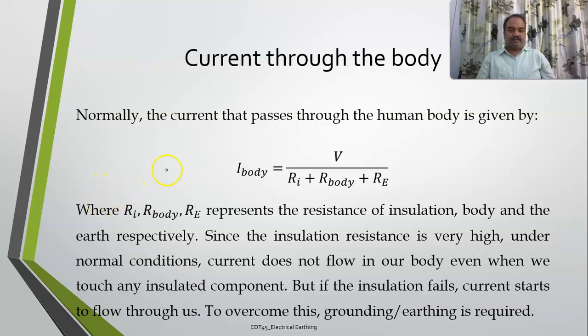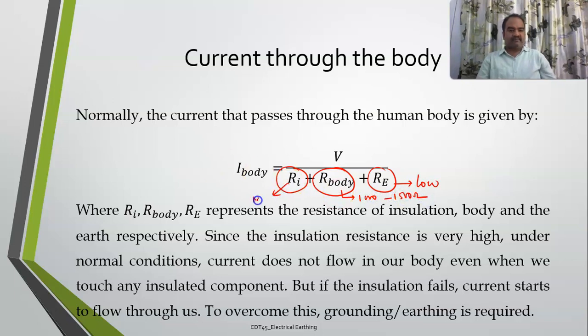So normally, what is the current which flows through the human body when we touch a leakage current? The current is given by the voltage appearing, divided by the resistance of the insulation, the resistance of the body and the resistance of the earth. Generally it will be very, very low. The resistance of the human body varies between 1000 to 1500 ohms.